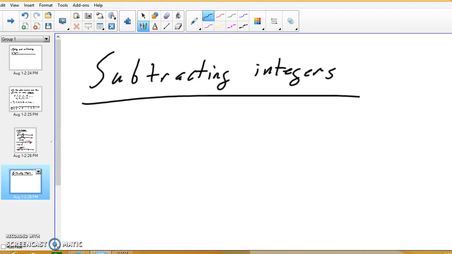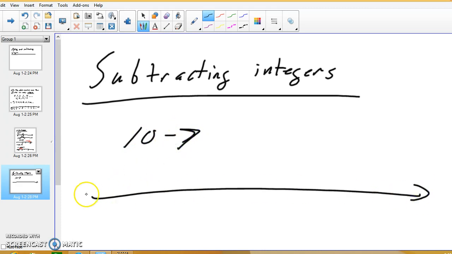Okay, and then how would we do it if we're subtracting integers? Well, let's just think about this with the number line idea. Say we have 10 minus 7. So we have 0, and we have 10 over here. If addition moves us in the right direction, then subtraction must move us in the left direction.